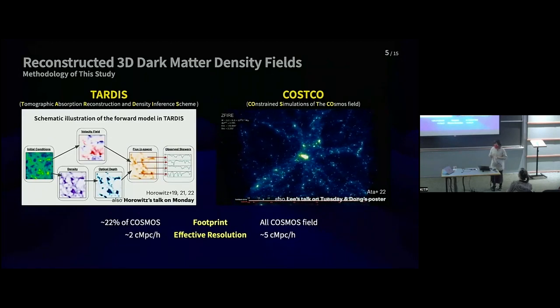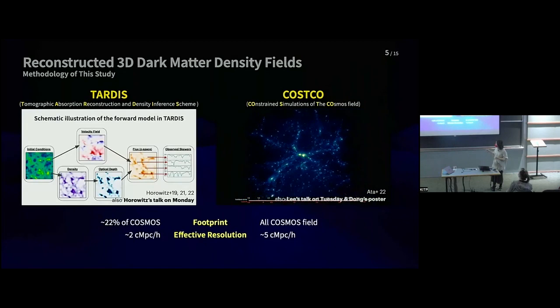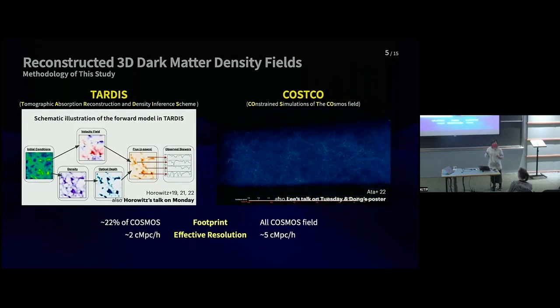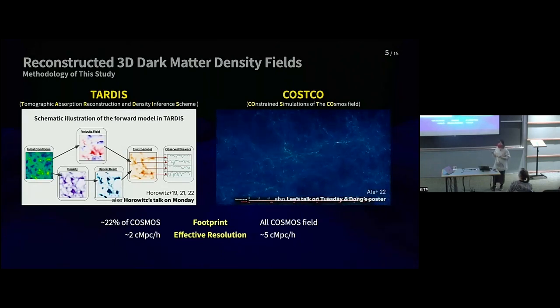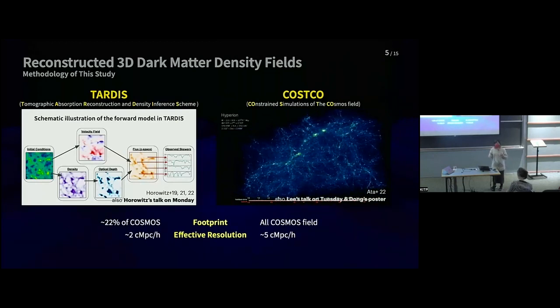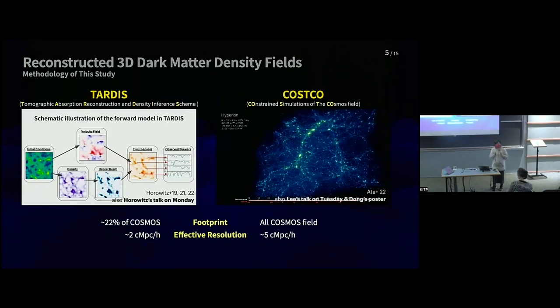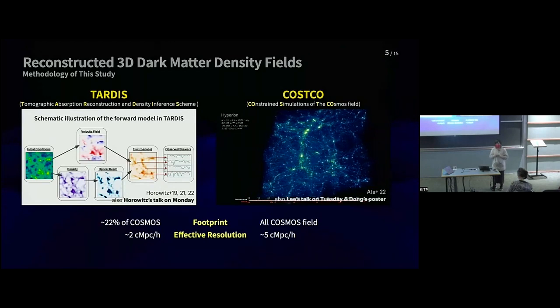Those two reconstructed density fields, TARDIS and COSMO, have a trade-off between spatial resolution and volume. TARDIS has a finer spatial resolution than COSMO, but only covers a portion of the COSMOS field due to the limited survey footprint of the Lyman alpha tomography map.